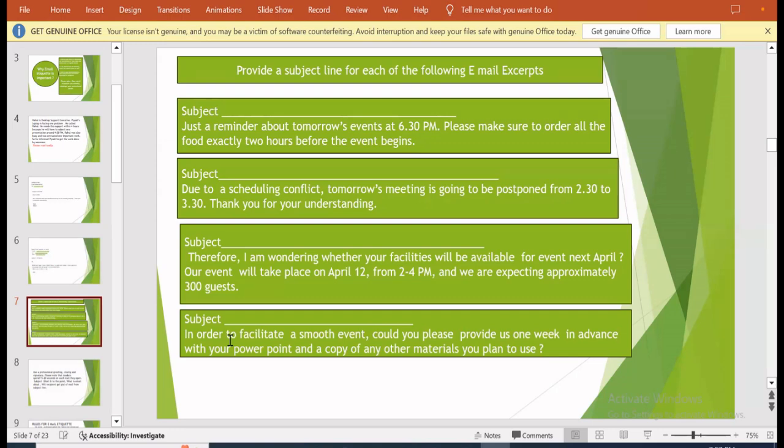Reminder regarding food order for tomorrow's event. One by one. So, reminder for tomorrow's events. Anyone? Reminder regarding food order for tomorrow's event. Please make sure that you order all the food.